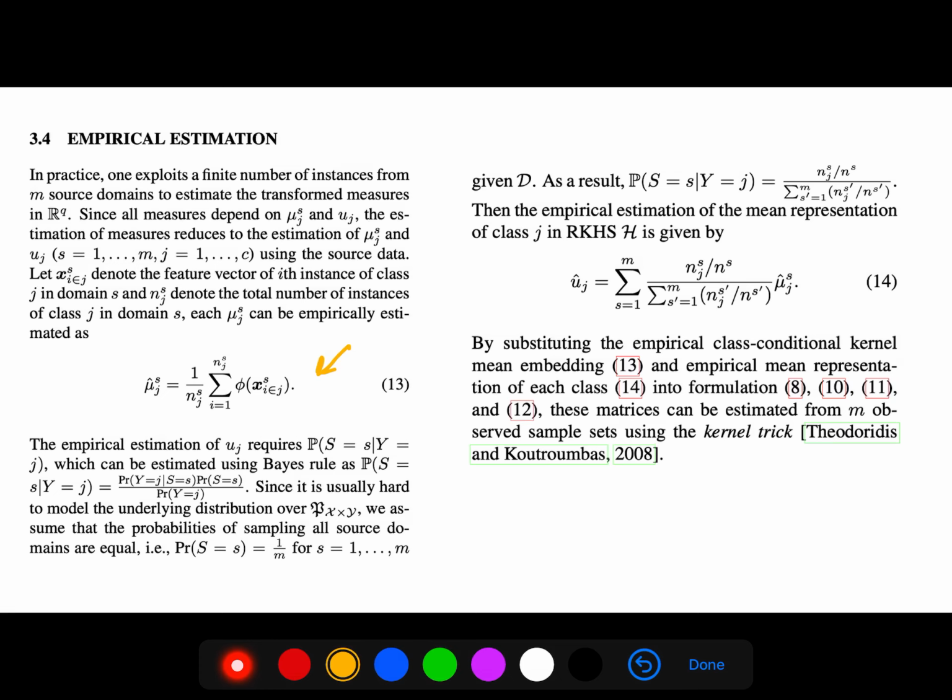So we have this empirical estimation, and it requires the probability of S given Y. We can use Bayes' rule, so it's very easy. And then the empirical estimation of mean representation of class j in reproducing kernel Hilbert space is this one. By substituting the empirical class and the empirical mean, these matrices can be estimated from M observed sample sets using the kernel trick.